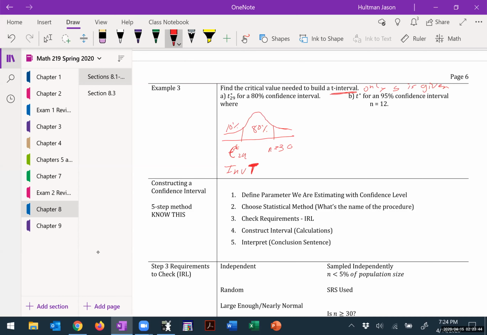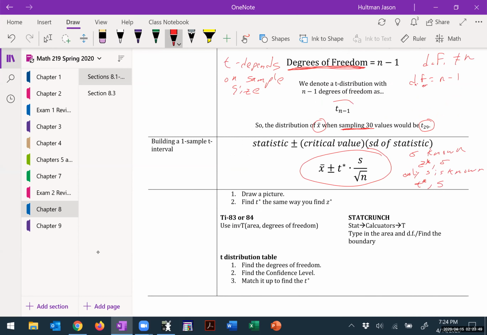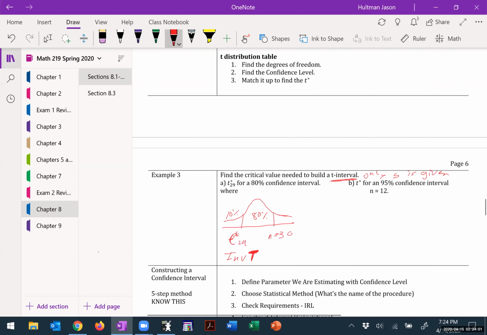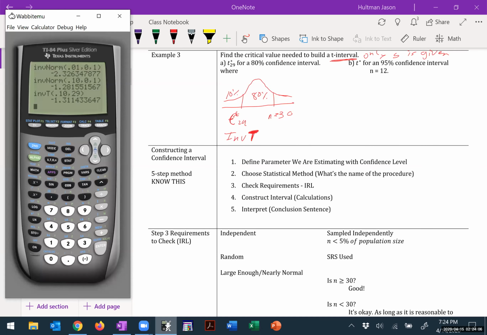Going back, it says t sub n minus 1, so if it's t sub 29, then n would have been 30. So what is the inverse t here? It is negative 1.31. I'm going to use the positive to keep things positive, so 1.31.